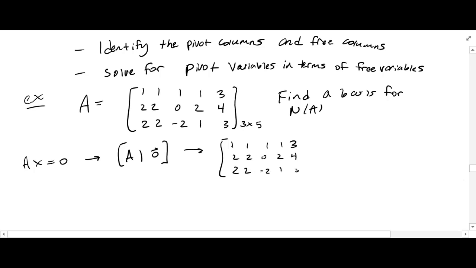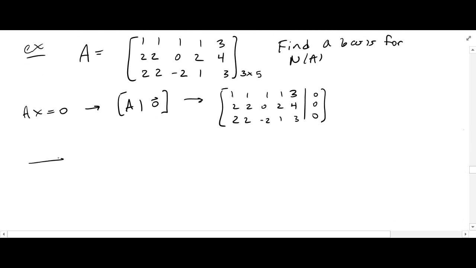It doesn't really matter which order we do it in. We'll do row 2 minus 2 row 1 and row 3 minus 2 row 1. If you do that, you get a negative 2 here, a 0 here, a negative 2 here.